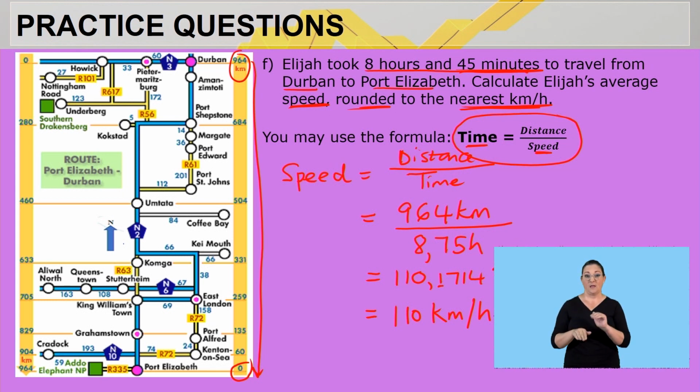Step number 3, I simplified by saying 964 kilometers divided by 8.75 hours. And that gave me an answer of 110.1714286 kilometers per hour since we're calculating speed. Then I looked at the final part of the question, which indicates rounded to the nearest kilometer, and therefore I rounded 110.1714286 to 110 kilometers per hour.